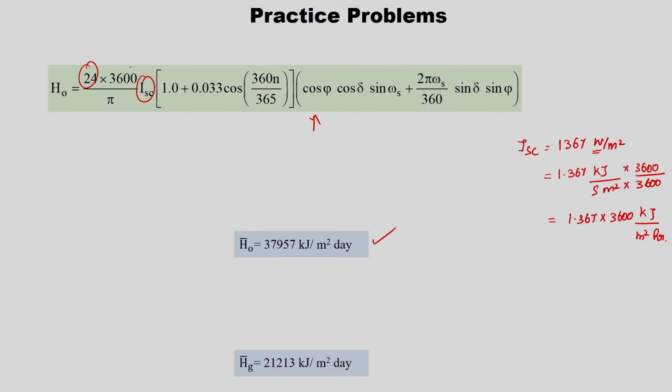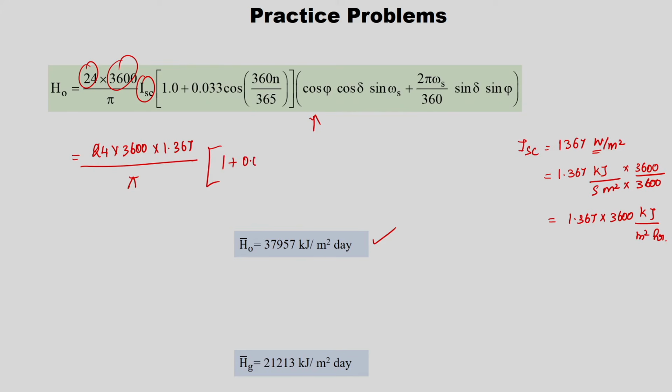And then 24 and 3600 are to take care of the solar constant. So it would be 24 into 3600 into 1.367 upon pi.